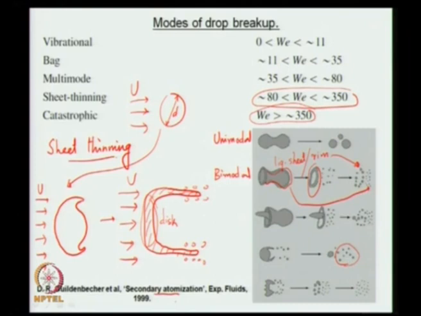In fact, the word catastrophic is a descriptor of nothing more than our lack of information about this regime, but there is some experimental evidence of drop sizes that will form. The specific physics of how the drop breaks up at this high Weber number is, I think, not as well understood as the others.